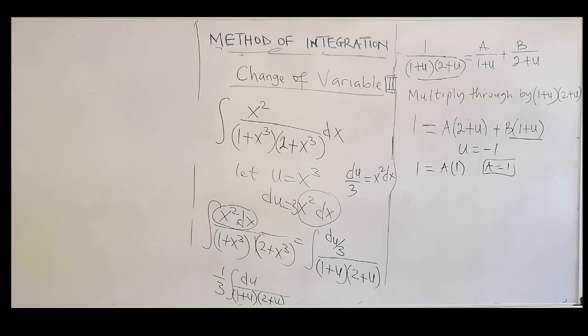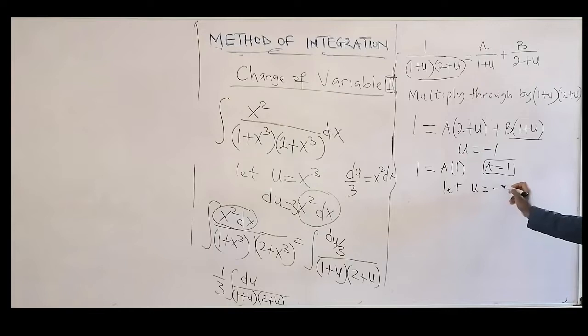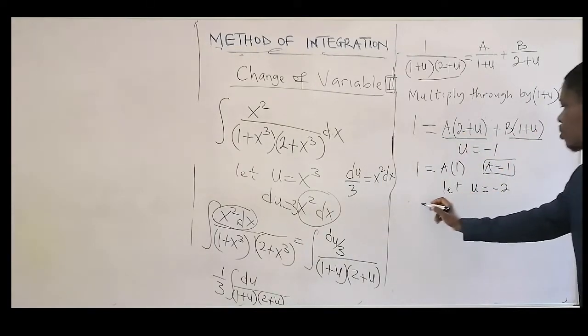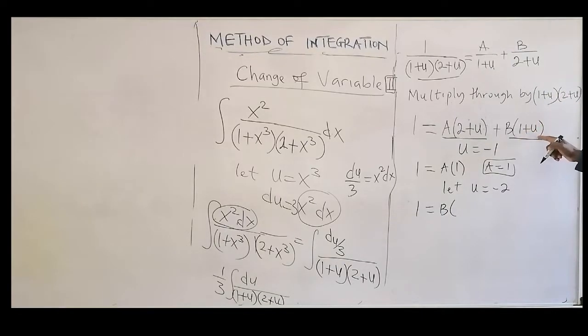Then we can also say let u be equal to minus 2, so that a can cancel out, then we can get b. So we have 1 equal to b into bracket 1 plus 2, 1 minus 2, that's minus 1. So b is minus 1.